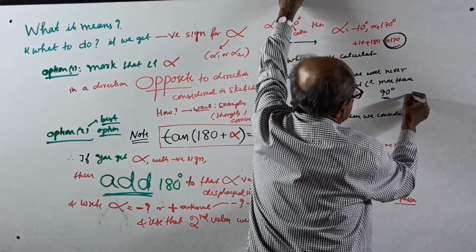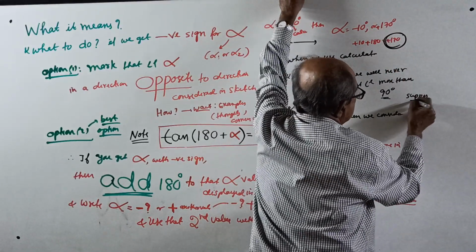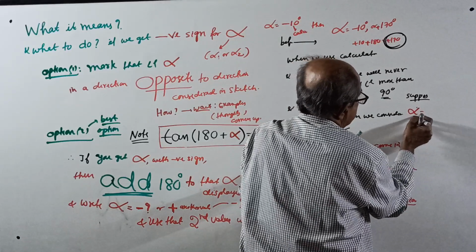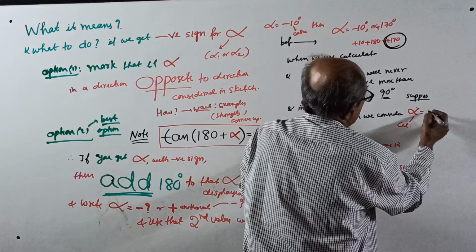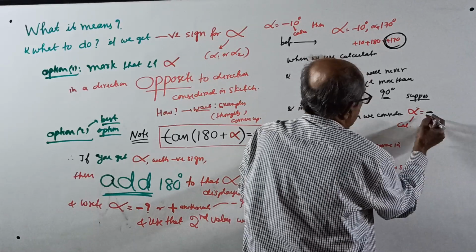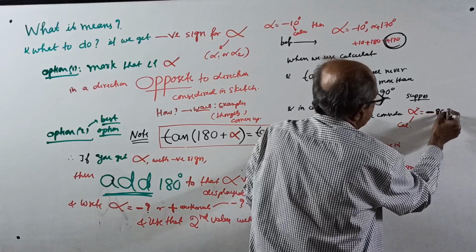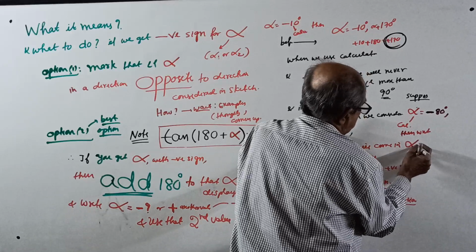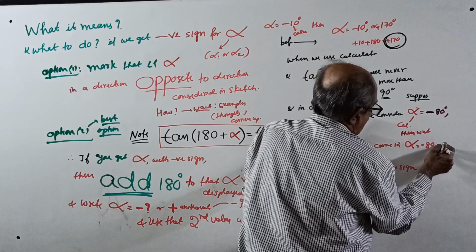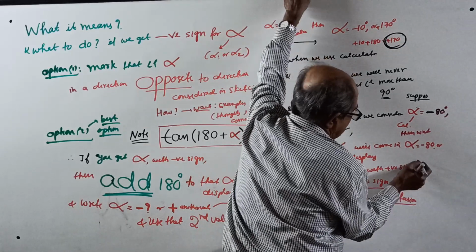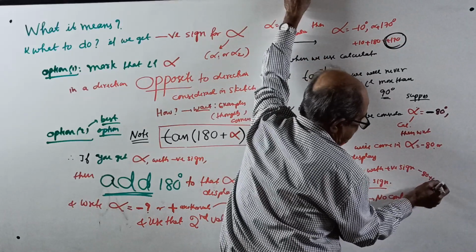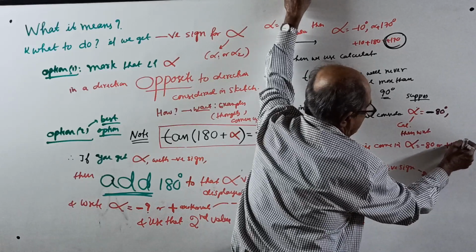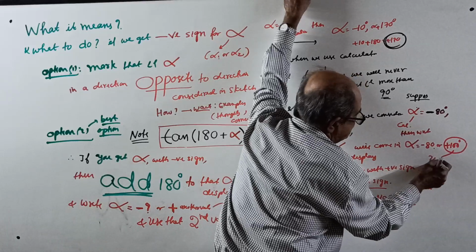Or lastly, see, suppose, note, alpha comes in calculator, some higher value, minus 80 degrees, decimal will come, then write alpha equal to minus 80 or minus 80 plus 180 is plus 100, or plus 100 degrees, and use this.